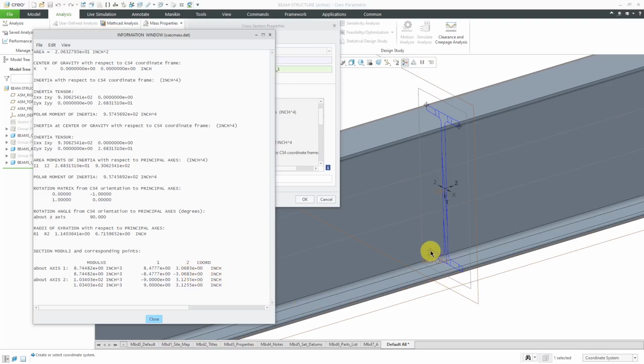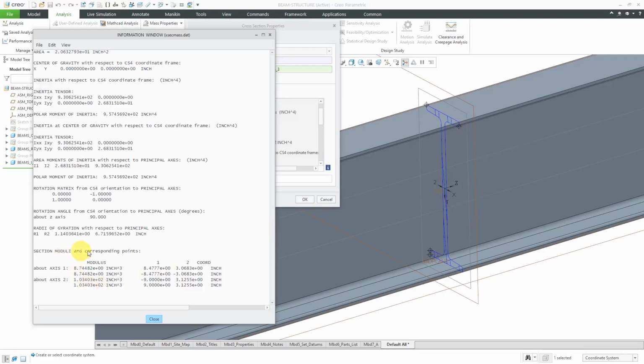Based on that, I'm thinking that if this is the 1 direction, this is the section modulus at this particular location. And then we have another one which is the negative of those values, again corresponding to the 1 and the 2 directions. That should be the section modulus at this particular point over here.